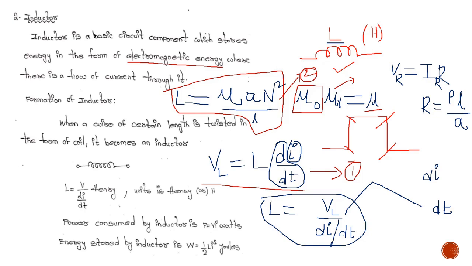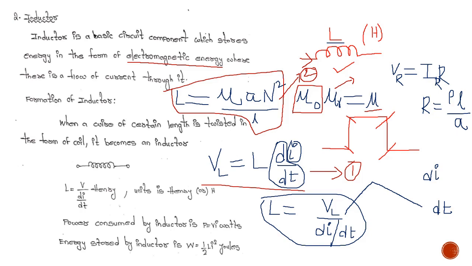That means if we apply electrical energy to this inductor, it will get charged, and that charge will be stored in this inductor in the form of magnetic field. So that's why this inductor is also called an electromagnet, which means by means of the electricity, the inductor is acting as a magnet.